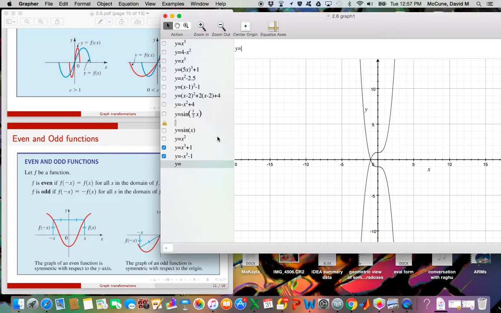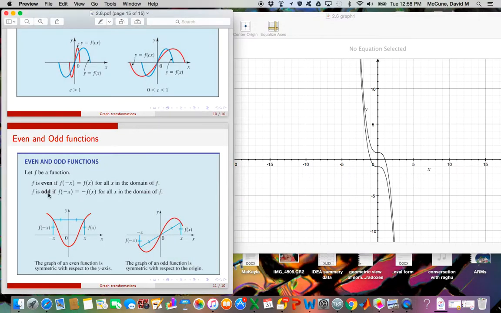Now, if I want to reflect across the y, I replace all of my x's with negative x's. So here's the result when I reflect across the y-axis. So you can see these are different functions, right? They didn't give you the same picture. So x cubed plus 1 is neither even nor odd.